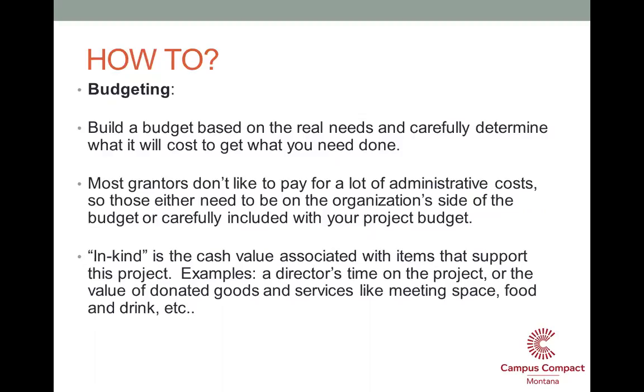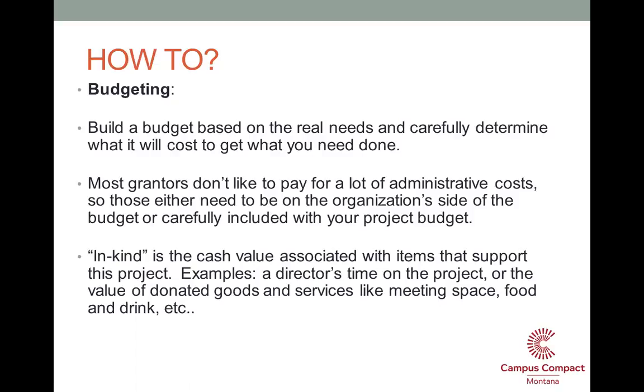So if you say, look, we can pull this thing off, but we're going to need a half-time staffer for the 6 months that we plan to do this intervention. We don't currently have that person. We're building it into the budget. That's an example of putting it into the project side of things, and just being clear that we do not have the staffing capacity to pull this thing off. We do have a lot of other things lined up, but we're going to need a little bit of staff.